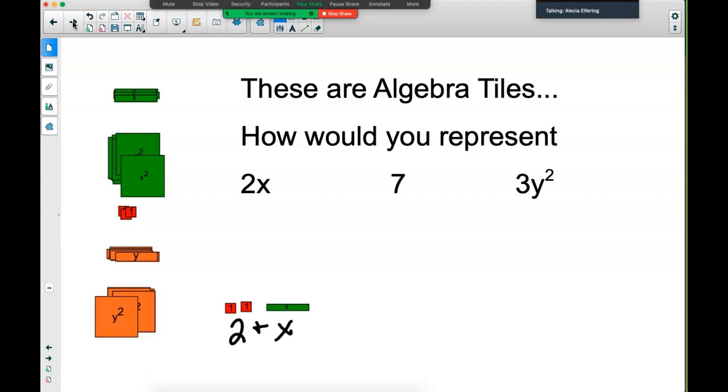So it's a really good guess, because you really weren't sure yet. But it doesn't mean 2x, it means 2 plus x. So how do you think you might show 2x? Any thoughts?